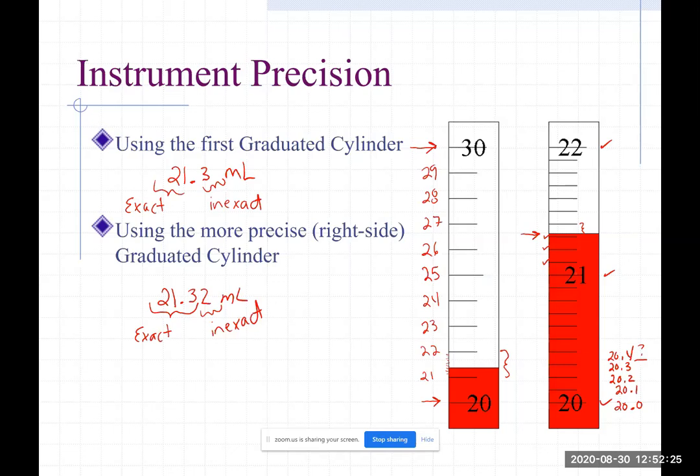It goes up to 21.00, and then we have 21.10, and then 21.20. So it never goes up to 21.4, so that would not be correct. But if the last digit, the estimated digit, is slightly different, then your value that you record is still going to be correct.